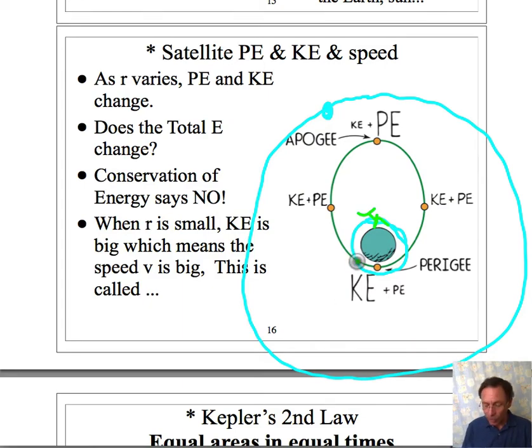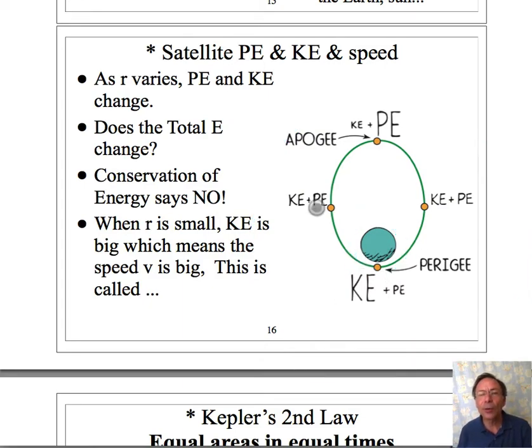And then you have these highly elliptical orbits. Many satellites are in those. So in a highly elliptical orbit, when the satellite is far from the Earth, you notice here, it's called apogee. G means Earth.